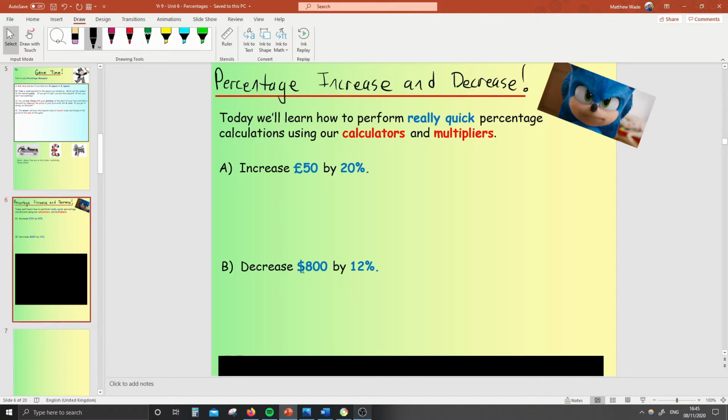Same deal here as well. $800, and you want to increase that by 12%. Even that, I think you could do in your head, buddies. What do you think it is? Does anybody come to the answer before I do?